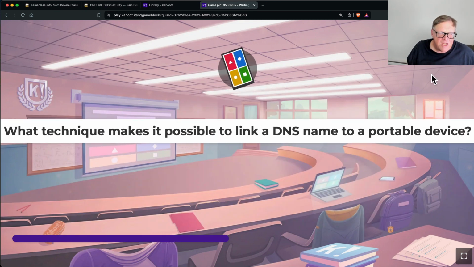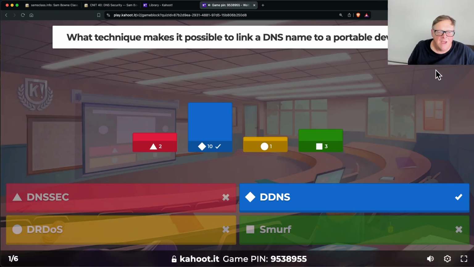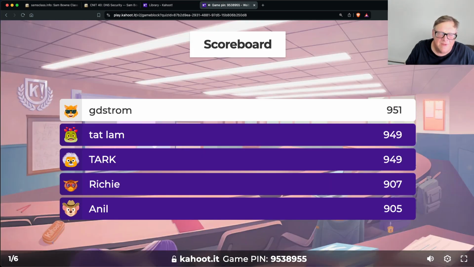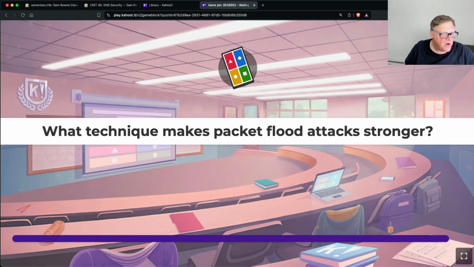All right, so what technique makes it possible to link a DNS name to a portable device that moves around? That's dynamic DNS. All right, what technique makes packet floods stronger?